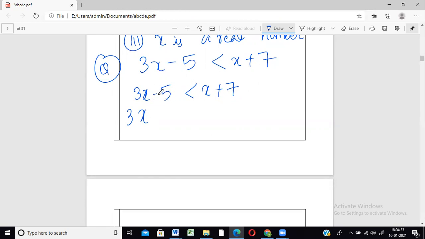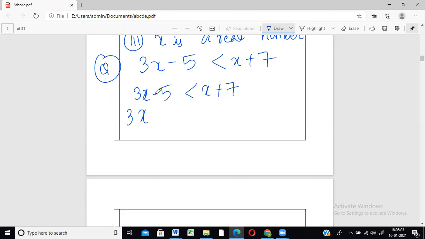This -5, I don't want it here, I want it there. That means I have to remove it from here and put it there. So if I want to remove it from here, what is the value that can vanish this -5? Only if I make this 0, it will vanish from here, right? So it is -5. To make this disappear, I have to add +5 so that this value goes away, correct?